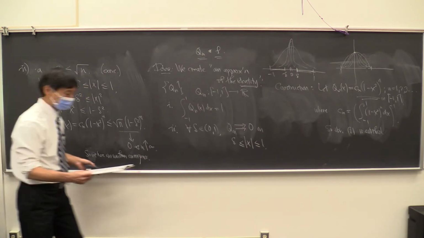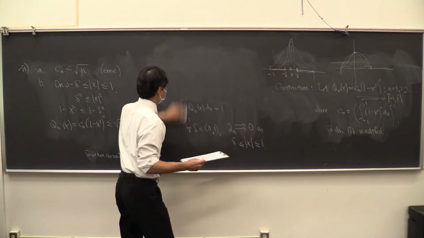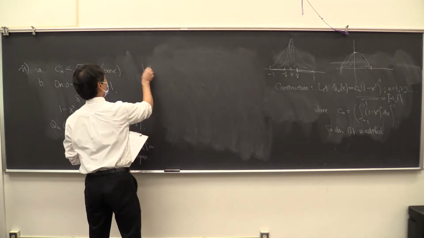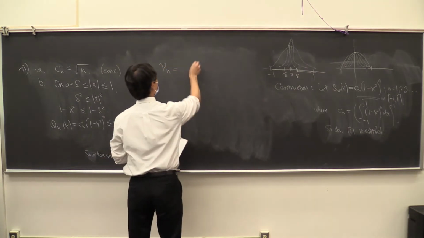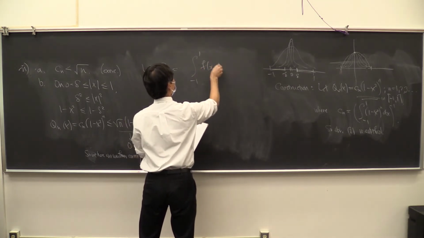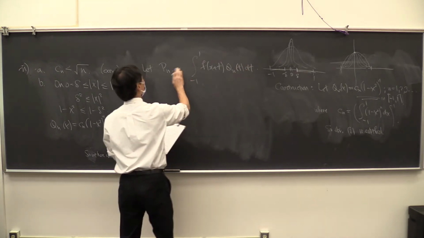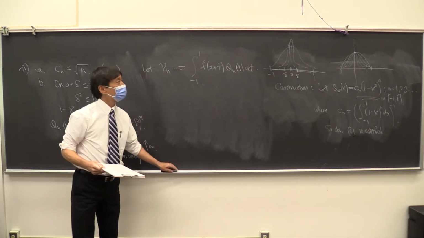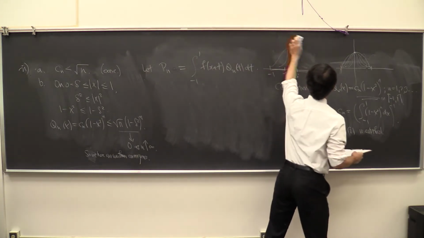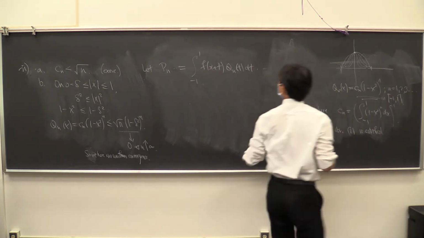Okay, so what are we going to do with it? What do we do with this thing? We let p sub n be the integral from -1 to 1 of f of x plus t, q_n of t, dt. Okay.